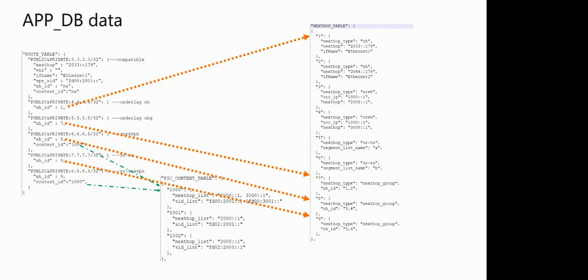The second item demonstrates the use of underlay NH for route distribution. And the third item demonstrates a route with an underlay next hop group. The next hop ID for route 5555 is 7, which points to a next hop item with the next hop type as group.